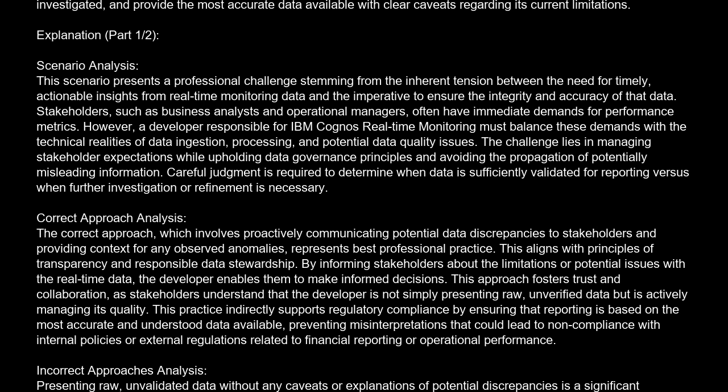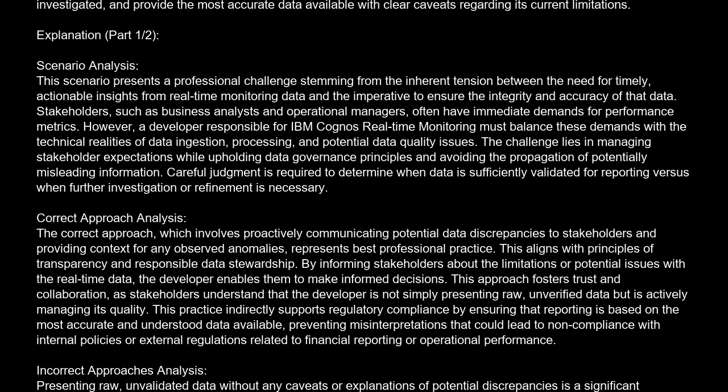Explanation. Scenario analysis. This scenario presents a professional challenge stemming from the inherent tension between the need for timely, actionable insights from real-time monitoring data and the imperative to ensure the integrity and accuracy of that data. Stakeholders, such as business analysts and operational managers, often have immediate demands for performance metrics.